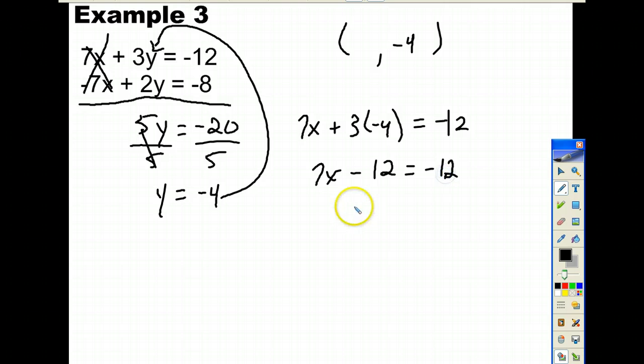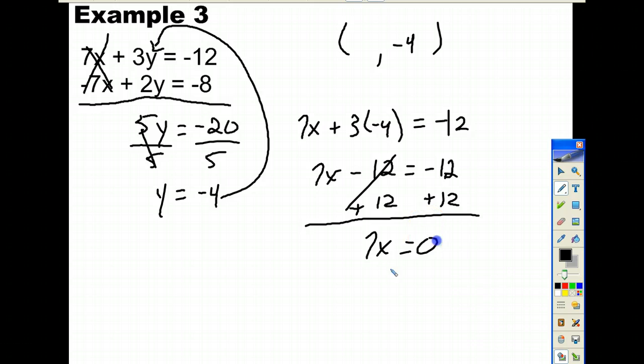Add 12 to both sides. The 12s will cancel, so you're left with 7x equals negative 12 plus 12, which is 0. Divide both sides by 7. 0 divided by any number is just 0. So your solution, or your point of intersection for these two lines, would be (0, -4).